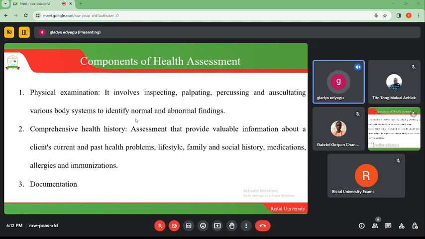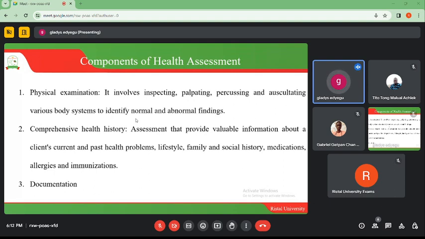So comprehensive health history is just an assessment that provides valuable information about a client's current and past health problems, lifestyle, family and social history, medications, allergies, and immunizations. All these histories, you're supposed to take them so that you can handle your patient wholesomely in every aspect of his life, and you'll be able to come up with the right diagnosis.